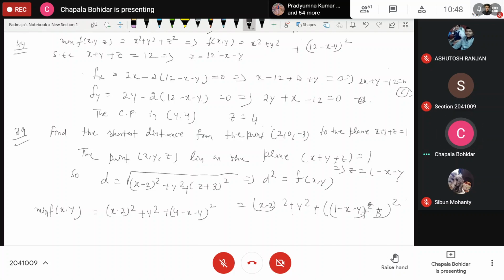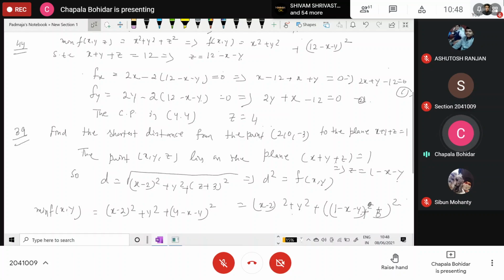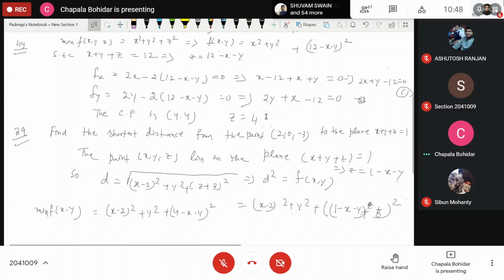First find out the critical point. Do it. fx is equal to 2 times (x minus 2) and so on.